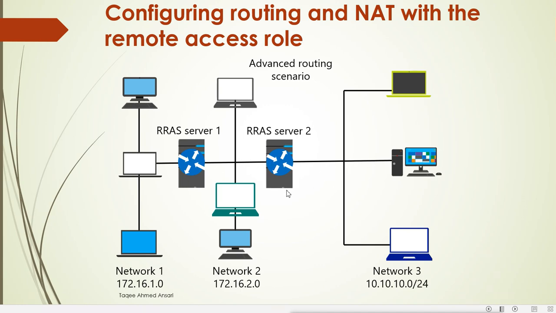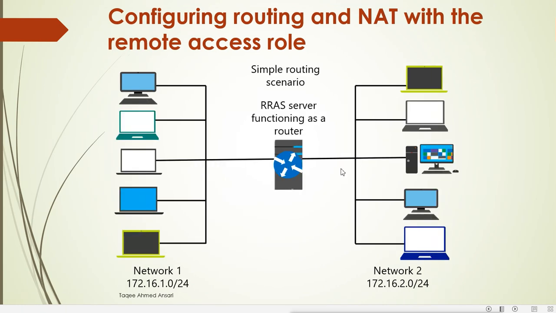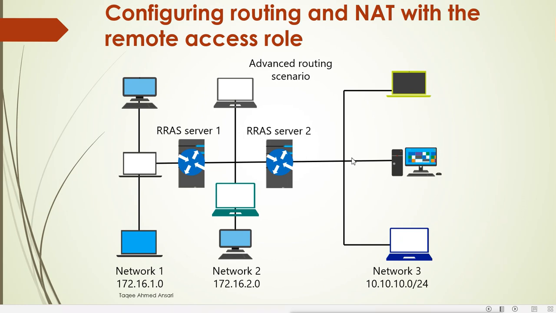So it can work like different routers connected together. In this scenario, we have to configure the routing here, whether static or dynamic. In the simple scenario, it will do a normal routing between two different networks. If we have multiple networks, then we have to configure the routing, whether it's static or dynamic.